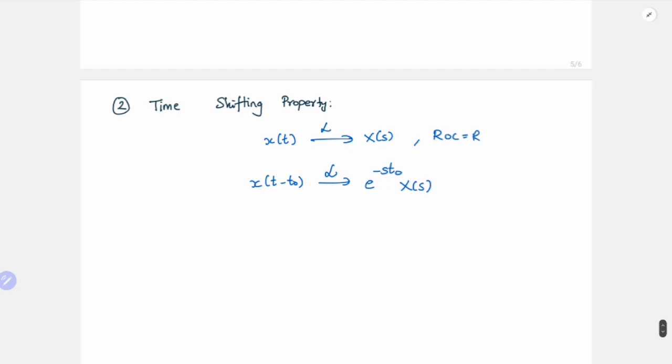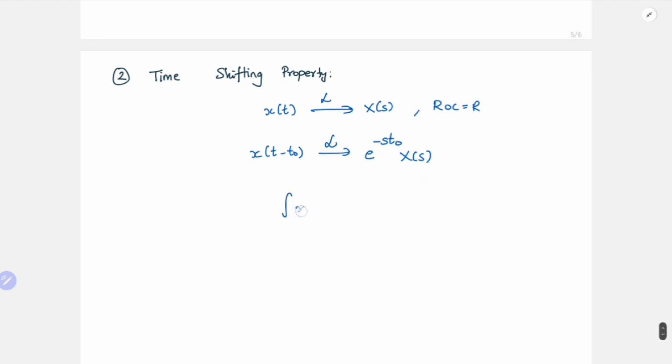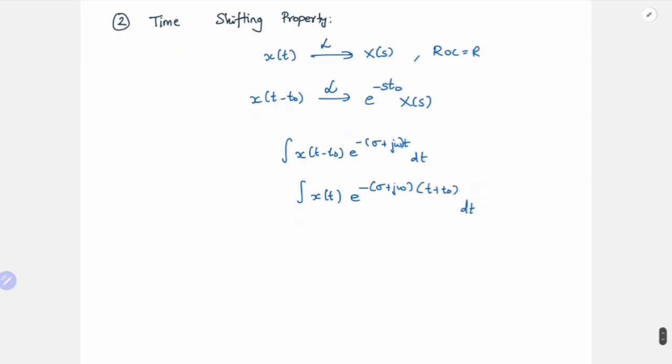So if you see this, this is just coming as the constant term e power minus s t naught, right? For example, in the integral x of t minus t naught e power minus sigma plus j omega t dt, if you evaluate this by replacing the variable, you will get x of t e power minus sigma plus j omega into t plus t naught dt, and we can take the t naught terms outside: e power minus sigma plus j omega into t naught, integral x of t e power minus sigma plus j omega into t dt.